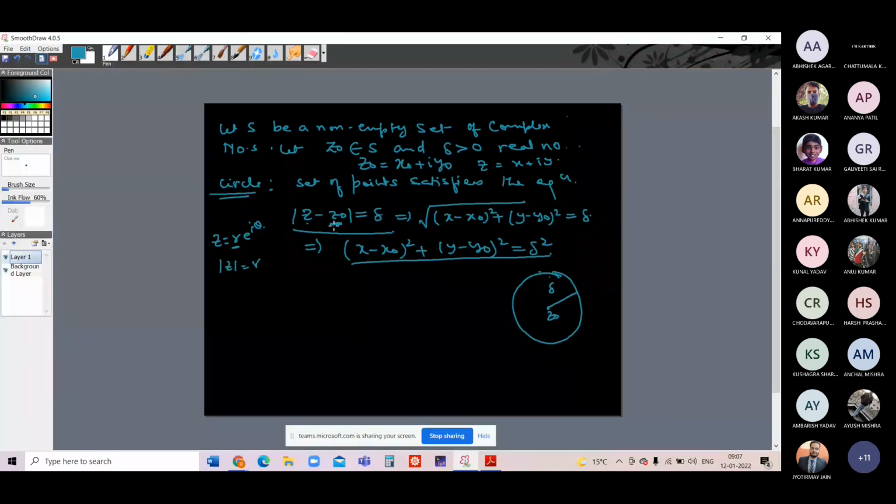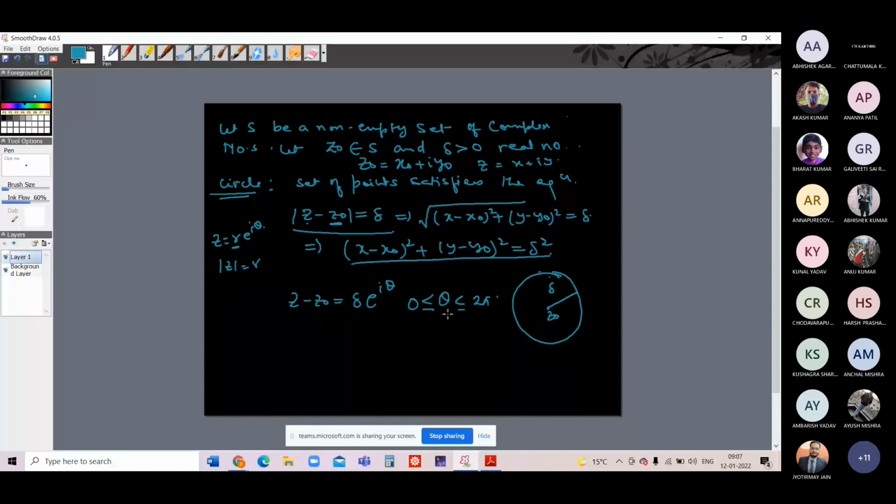So we can write z minus z naught is delta times e to the i theta, where theta will vary from 0 to 2 pi if this denotes a circle.